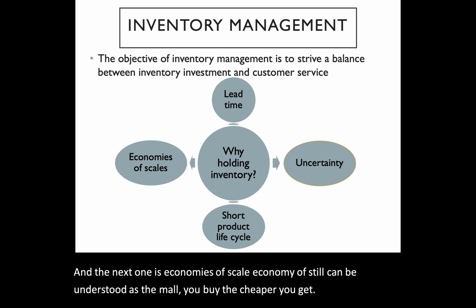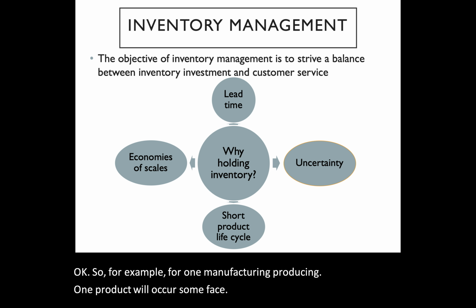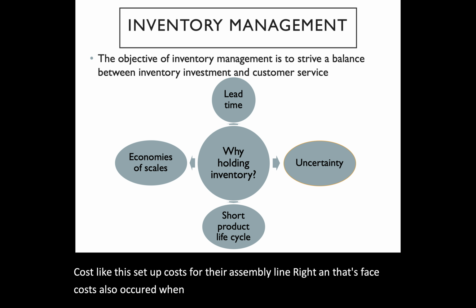For example, for a manufacturer producing one product, there will be some fixed cost like the setup cost for their assembly line, right? And that fixed cost also occurs when that manufacturer produces 1,000 items.